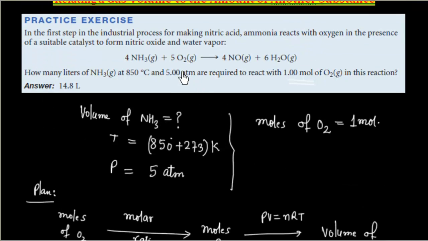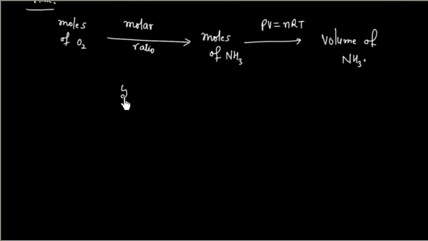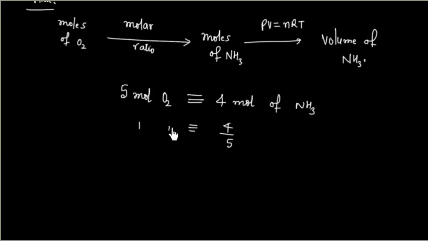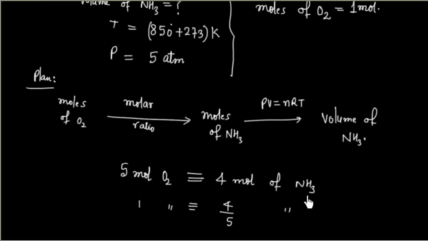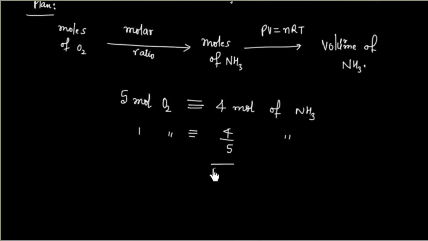So I can say 5 mole of oxygen reacts with 4 mole of ammonia. So 1 mole will react with 4 by 5 mole of ammonia. I have been given that the oxygen mole is 1, so basically the mole of ammonia is 4 by 5.